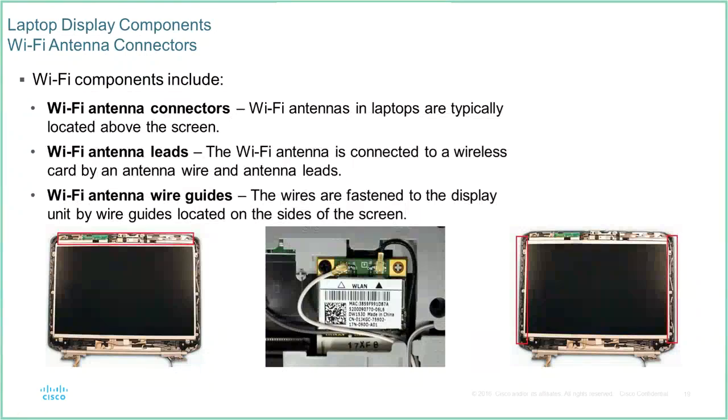Now, depending on where they decide to hide the components, they'll generally be around the screen or wrapped around other devices within the case, and they'll have small connectors coming out of the actual wireless card. So there's your 2 wires going off to your antennas.